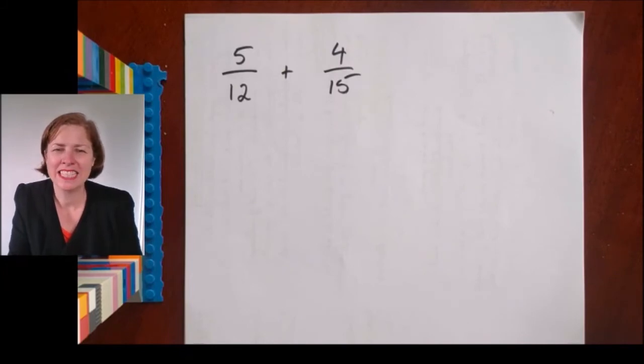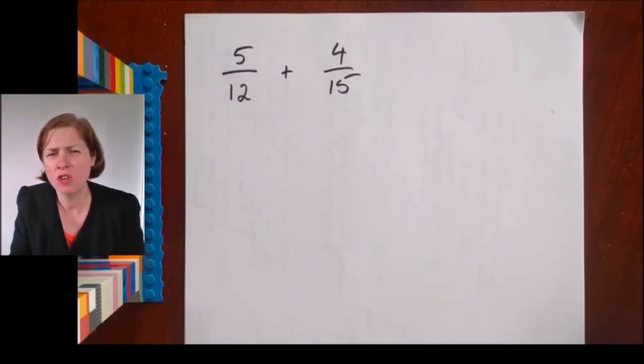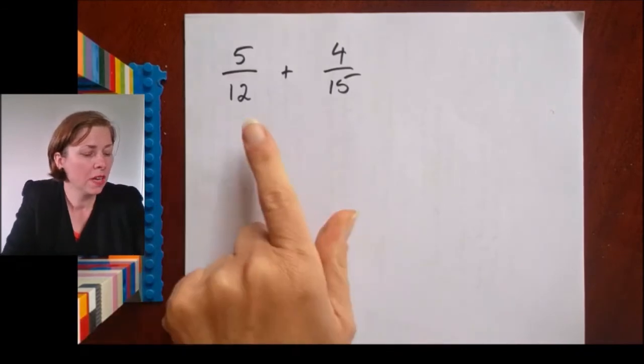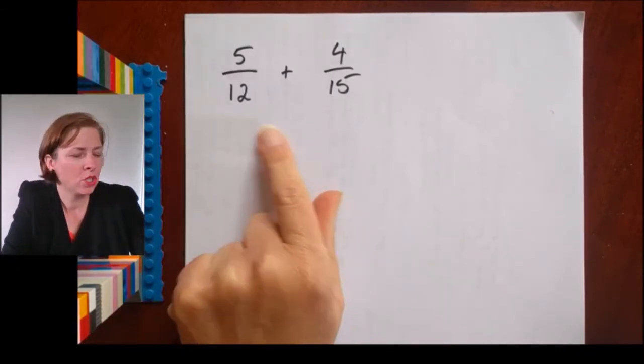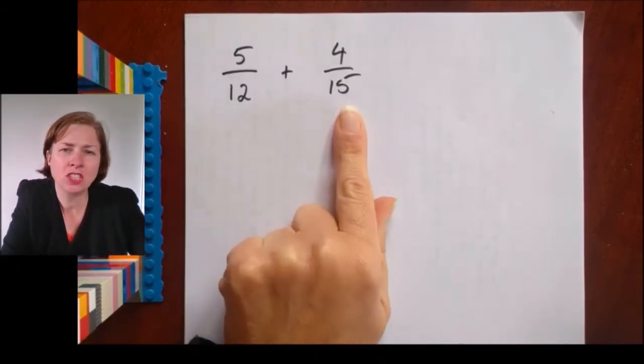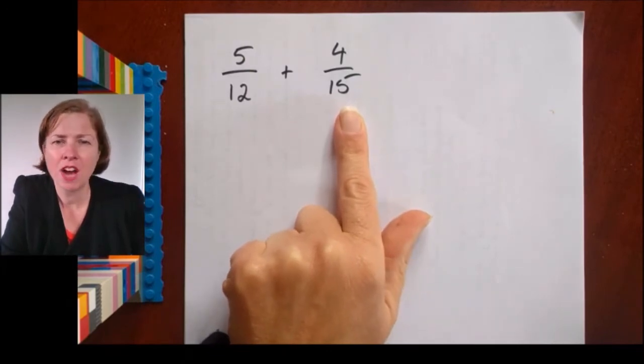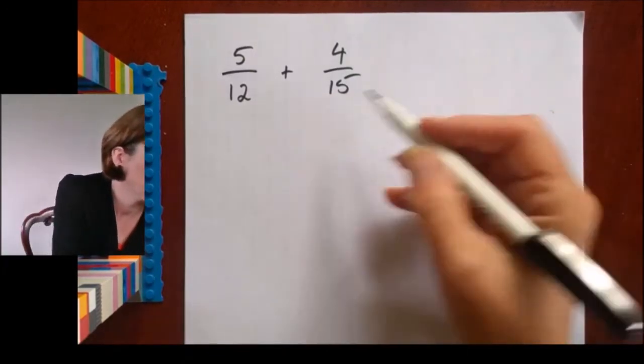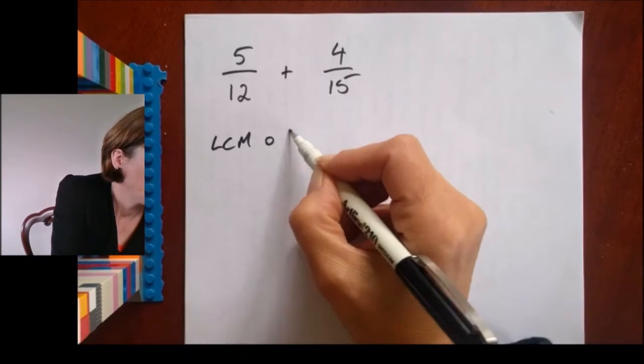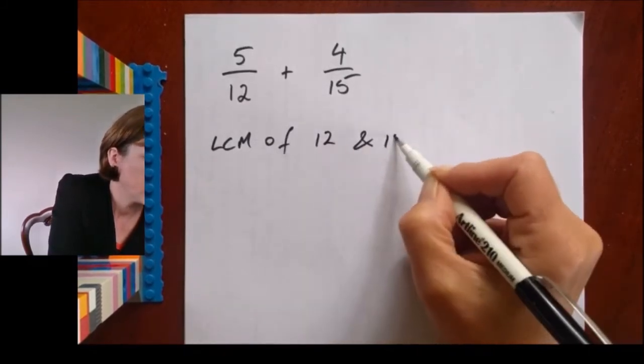Okay, this example is tricky. How am I going to find the lowest common multiple of 12 and 15? I don't want to do 12 times 15, and I don't have to because I know that there is a common factor between the 12 and the 15. So we're going to do a little revision on how we find the lowest common multiple of 12 and 15.